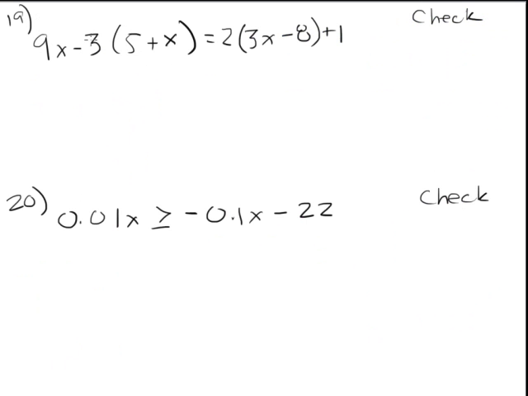Alright, so for this one here, I'm going to distribute my negative 3. I'm going to have 9x minus 15 minus 3x. Distribute my 2. 6x minus 16 plus 1. Clean up.